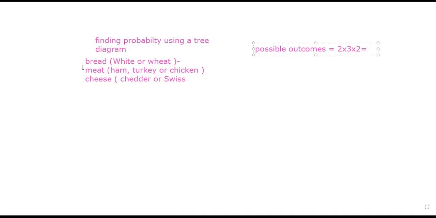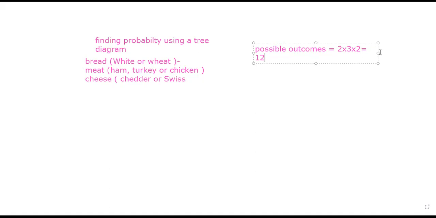For the bread, we have 2 choices. For the meat, we have 3 choices. For the cheese, we have 2. So it will be 2 times 3 times 2. It will be 12 choices, okay?